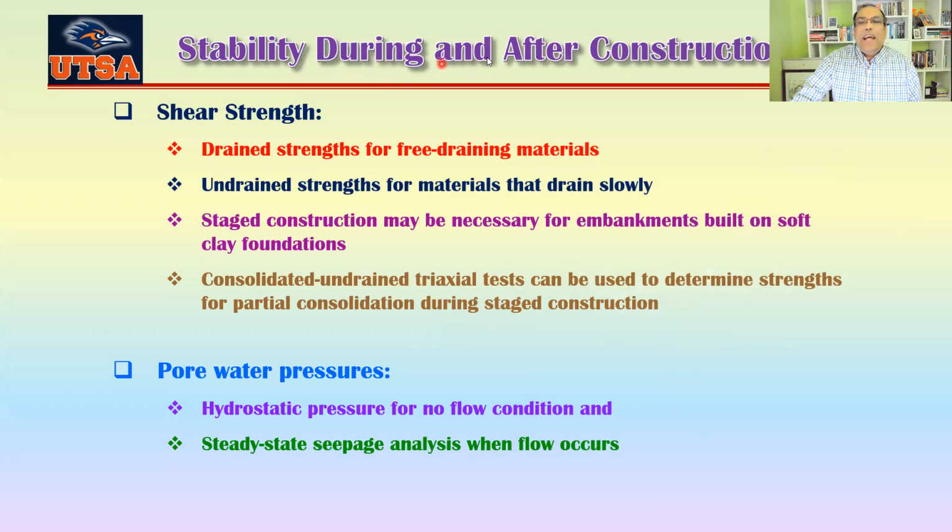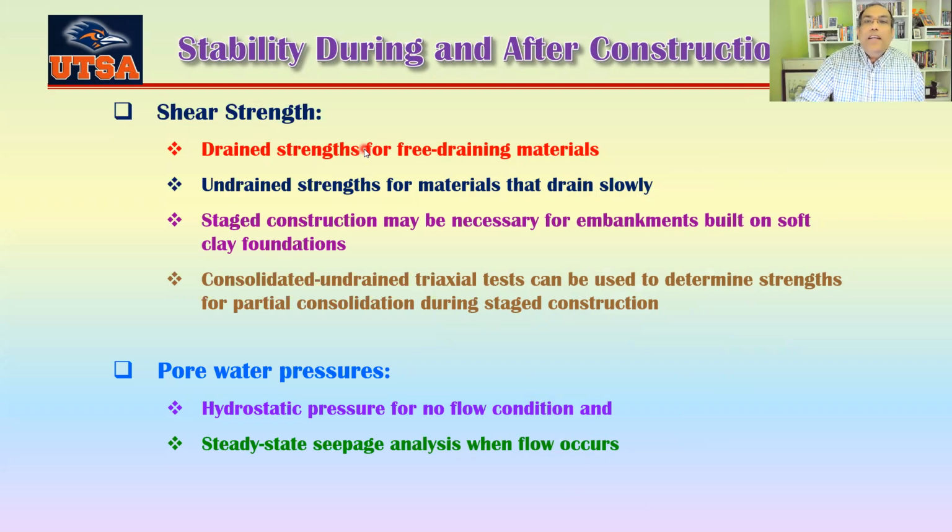Now, stability analysis, we are talking about the stability cases now. This is the short-term stability, or stability during and after construction. So for short-term, for shear strength we use drained strength for free draining materials, okay? And undrained shear strength for materials that drain slowly.